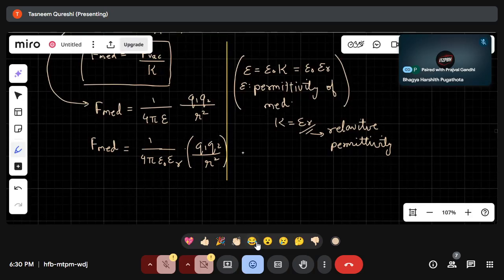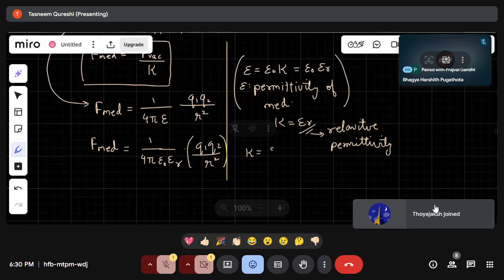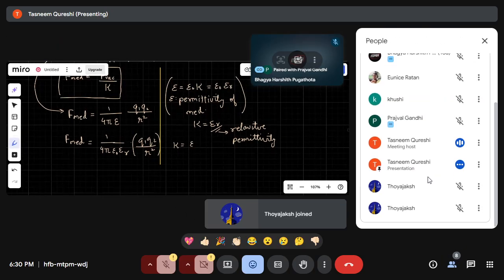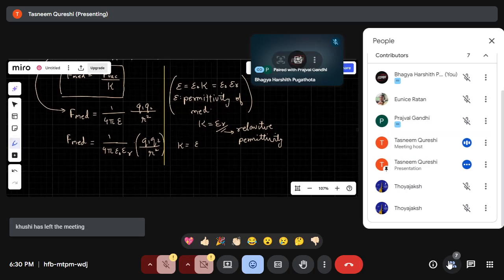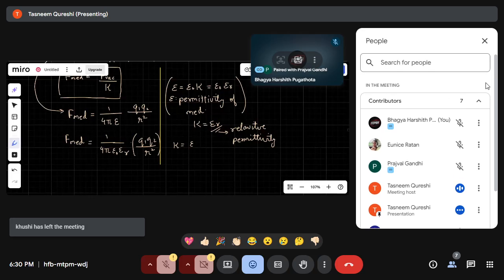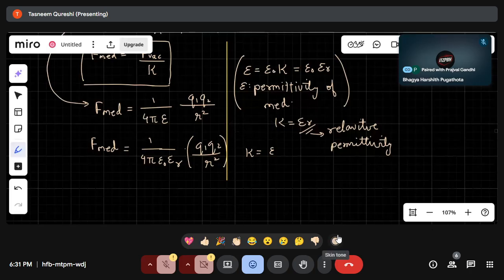If you want to write K, K is epsilon over epsilon naught. Both of them, this K and this epsilon r, are ratios of the same quantity, meaning they are unitless. Why unitless? Because these are just ratios.